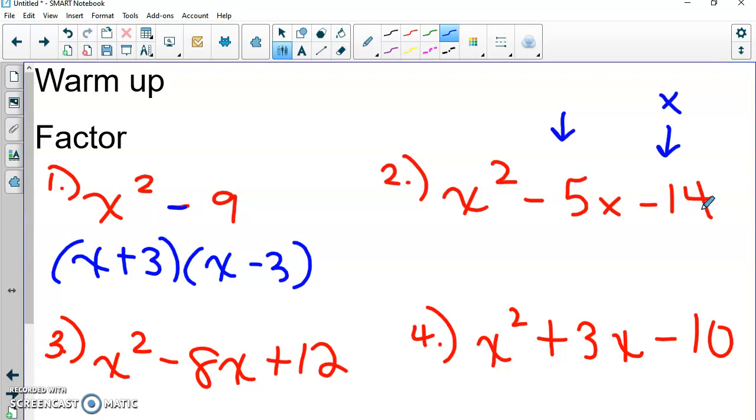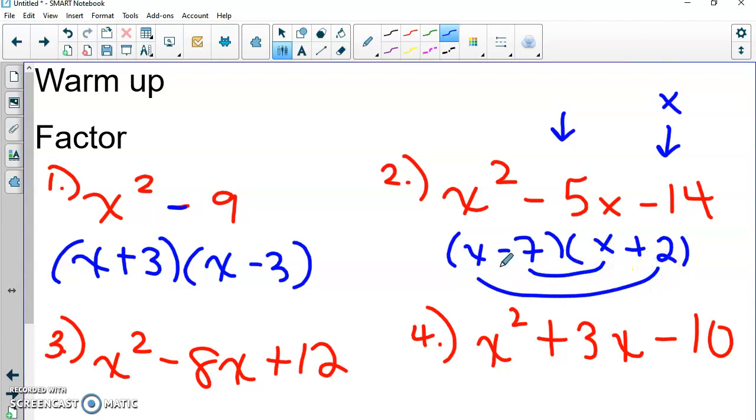And since it's negative 14, it would be negative 1 and positive 14, positive 1 and negative 14, or negative 7, positive 2, or negative 2, positive 7. So the pair that works is x minus 7 and x plus 2. Just do the inner outer term. So this is negative 7x and this is positive 2x, and their sum is negative 5.